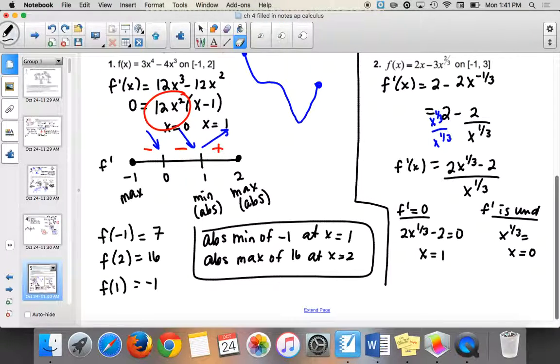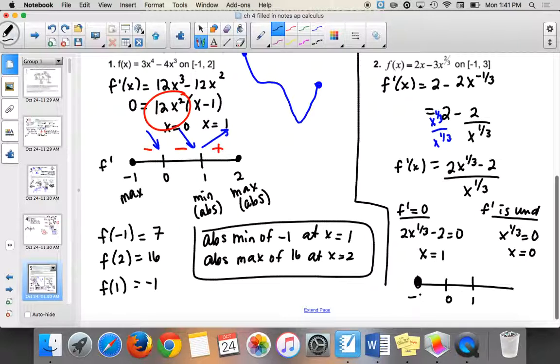All right, so when we put both of them on the number line, we have 0 and we have 1, and then we're on the interval -1 to 3. Sometimes your interval doesn't even include one of the critical values, like if I had gone from 1/2 to 3, then I'd only have one critical value, right? So sometimes you may not even have the 2 that you found, or 3 that you found.